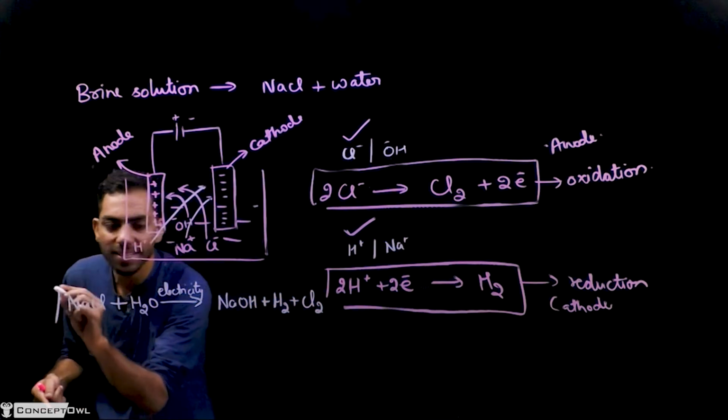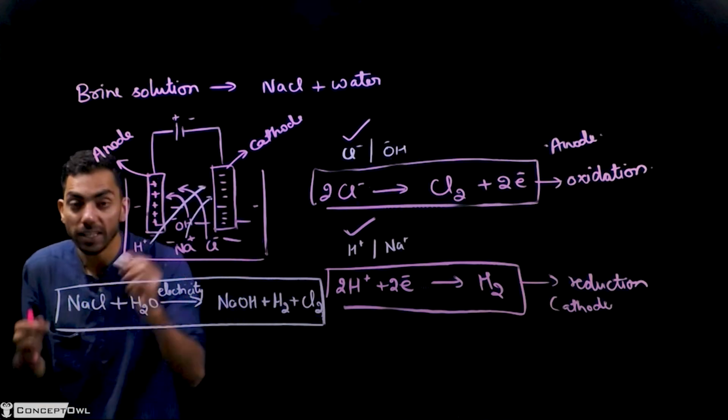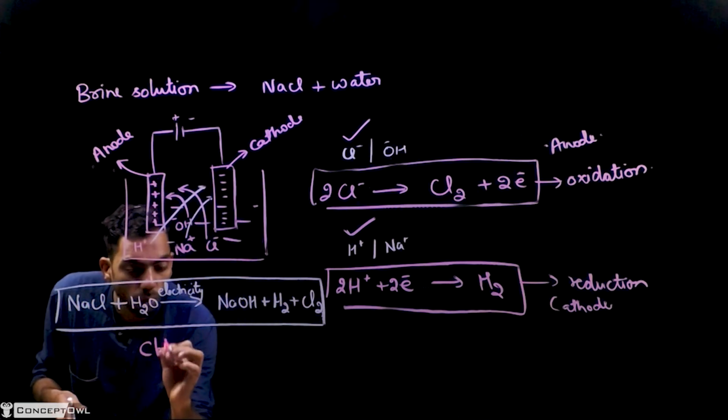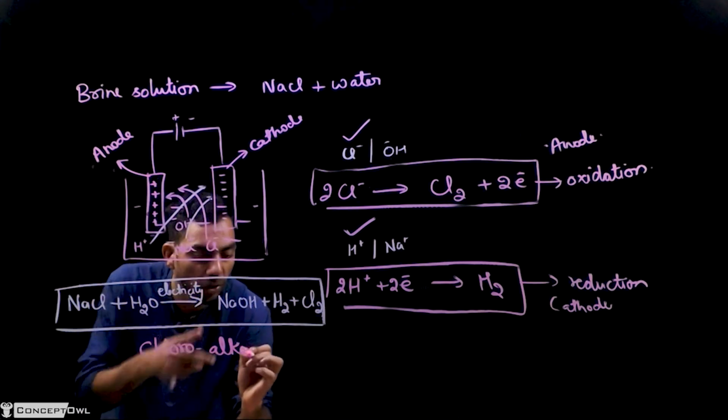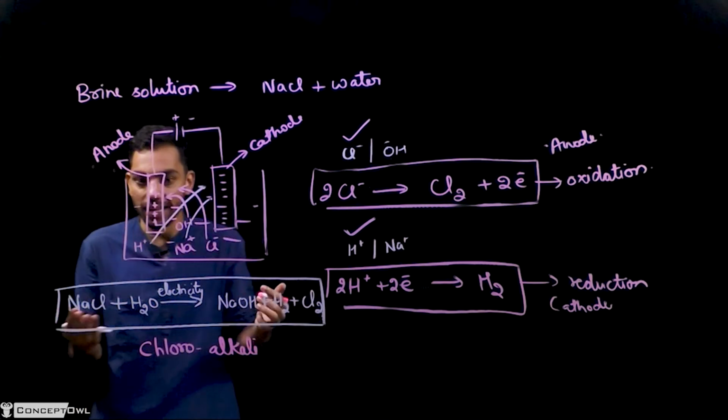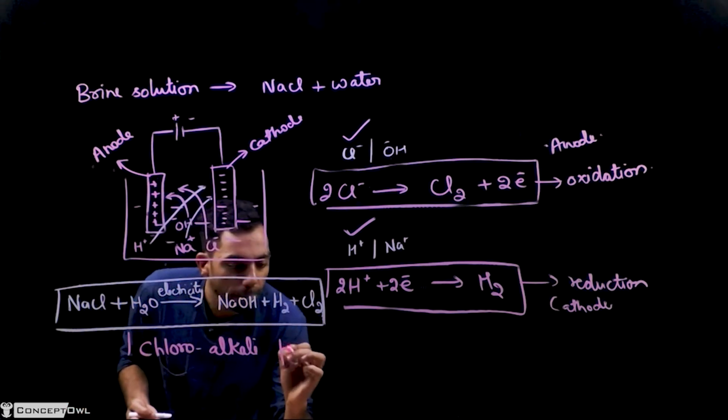Simple. And this process is known as chloro, because chlorine is produced here, alkali, because NaOH is our alkali. So chloro-alkali process.